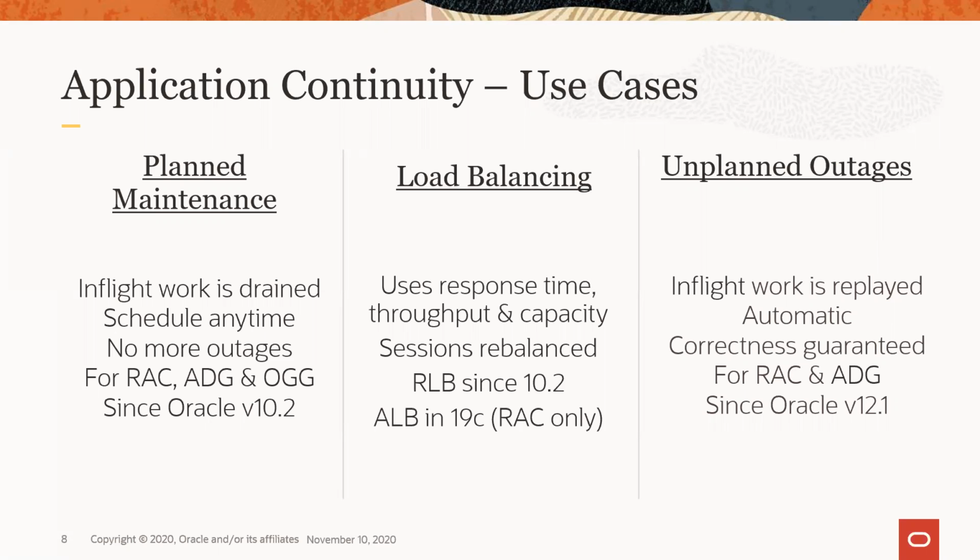And on the far right, we see unplanned outages, which is by far the most impactful. Well, I guess suddenly impactful scenario. Well, it's unlikely this is going to happen. But when it does, we want to make sure the application or the users do not see it. Things happen. And we hide all this stuff from them.